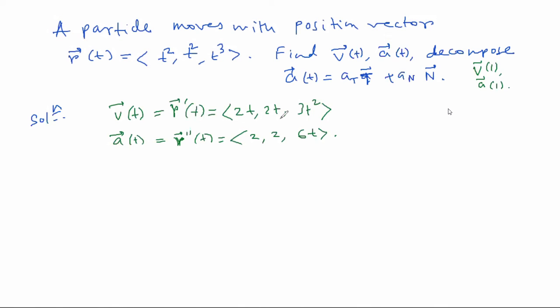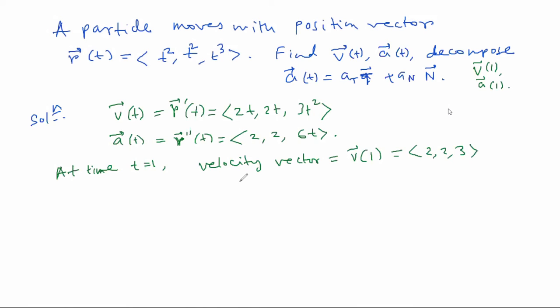So now at time t equals 1, what is the velocity vector? That's v evaluated at 1, which is just 2, 2, 3. Acceleration vector, a evaluated at 1, which is 2, 2, 6. So what is the speed, by the way?